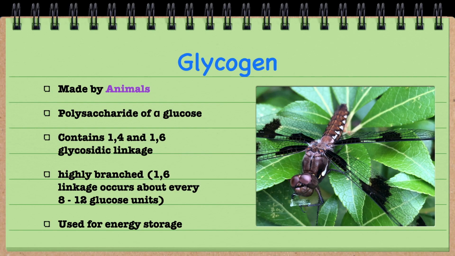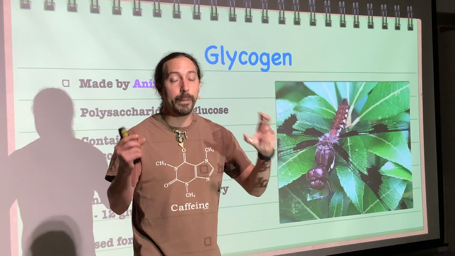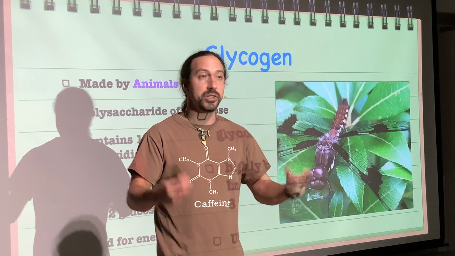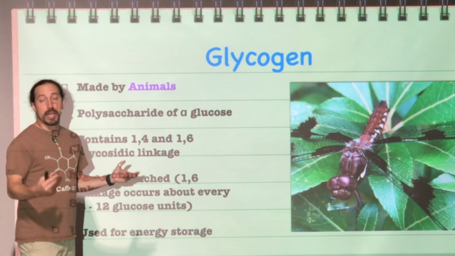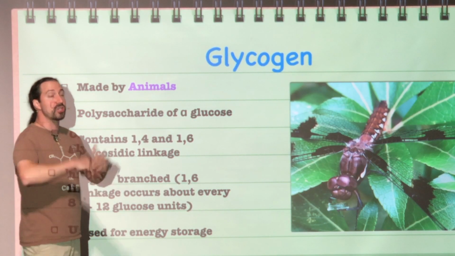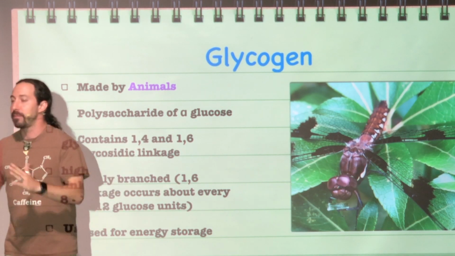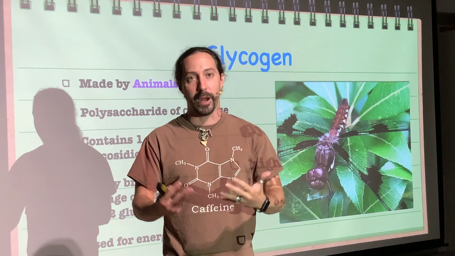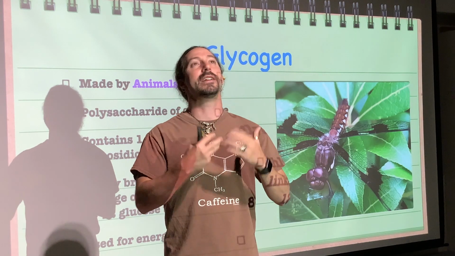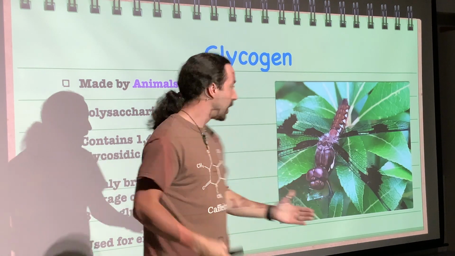So when we look at them, glycogen is made, again, by animals. We put our glucose together as glycogen. It's a polysaccharide also of alpha glucose, so it uses the exact same molecule that starch uses, except it is highly branched, whereas starch is basically a straight chain.